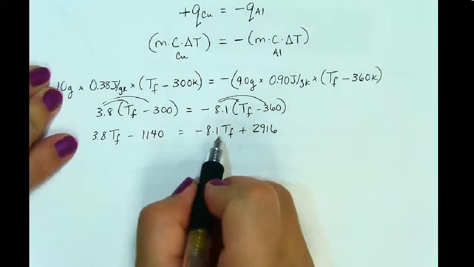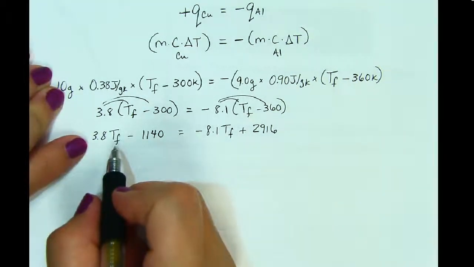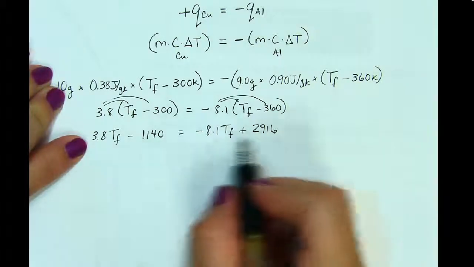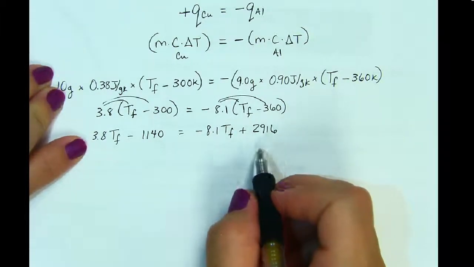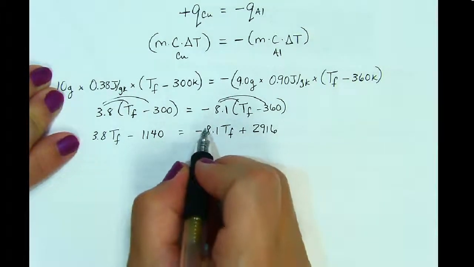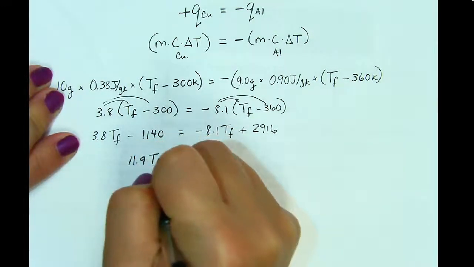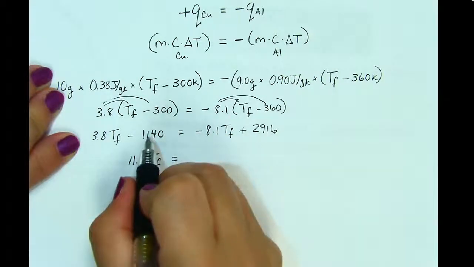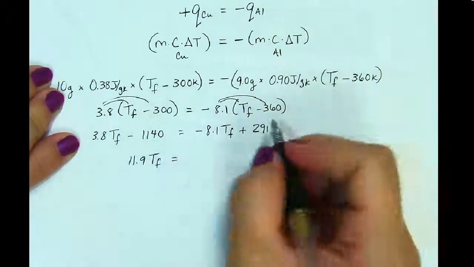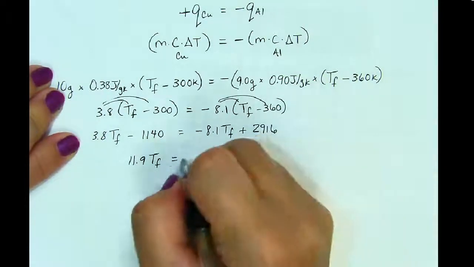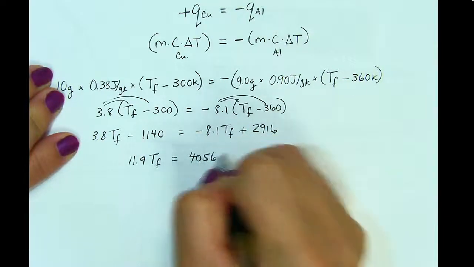Now we're going to simplify. I'm going to move my TFs and combine them, and I'm going to move my 1140 over here to combine with the 2916. So I'm going to add 8.1 TF to both sides, which is going to give me 11.9 TF, and then I'm going to add 1140 to both sides, which is going to combine with the 2916 and give me 4056.